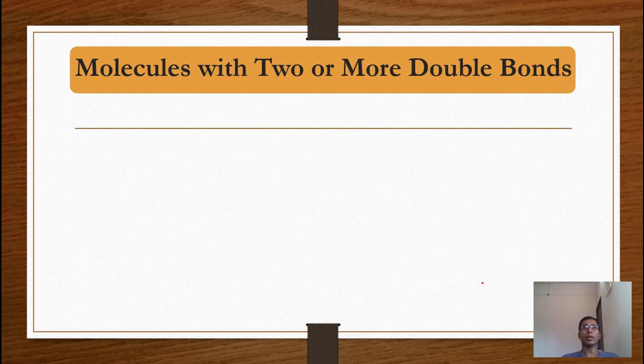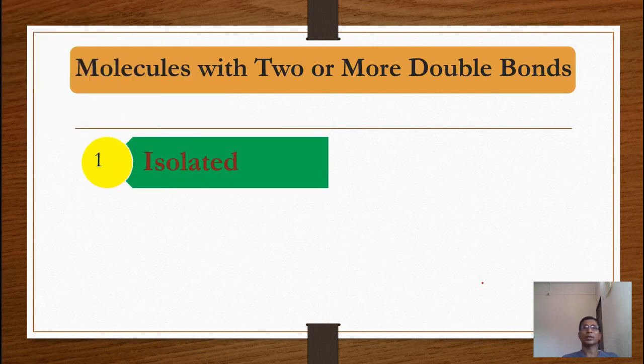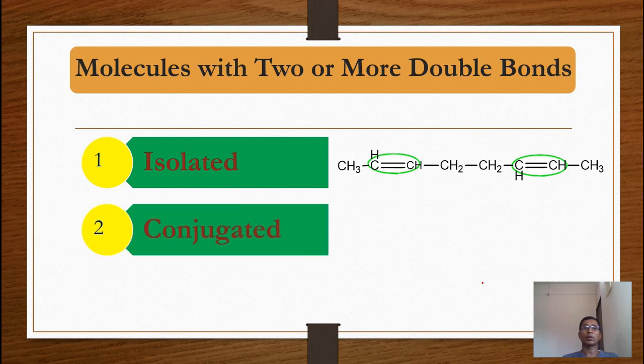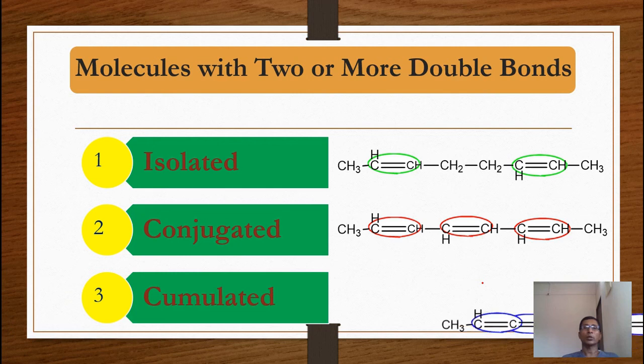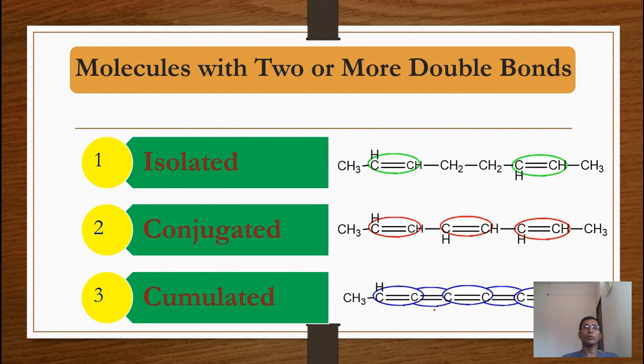But in alkenes, when two or more double bonds are present, there are three types: one is isolated, another is conjugated, and next is cumulated.